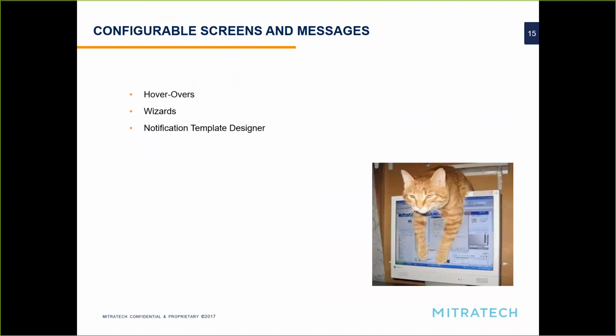And this is by adding some hoverovers, and that's exactly what it sounds like: when you hover over a specific piece of text, it's going to give you the information that is contained in that individual record. We'll look at wizards, which are a way to guide your users to adding new content to the database. And then also look at the notification template designer.